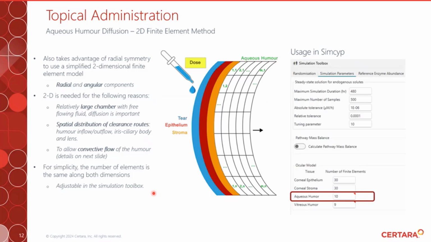To try to model that, as well as some convective flow of the fluid itself, since aqueous humor is moderately close to water from a viscosity perspective, we decided to use 2-dimensional finite elements as well. And I'll show you in a second the convective flow.